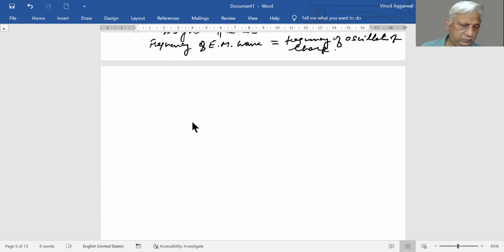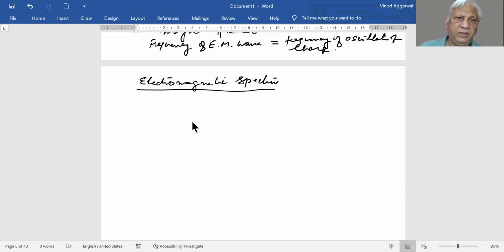Now I'll show you the electromagnetic spectrum. You have a whole range of electromagnetic waves produced depending upon the frequencies.